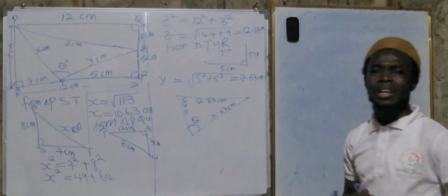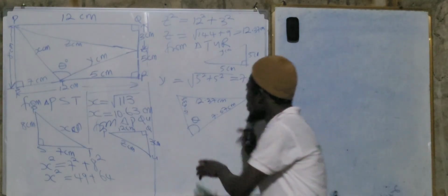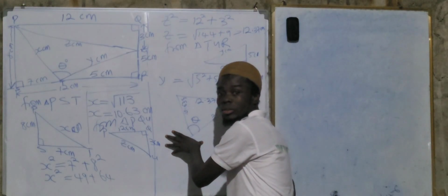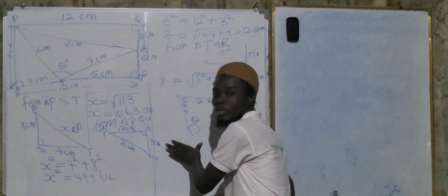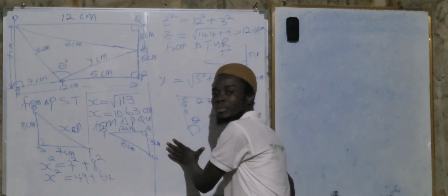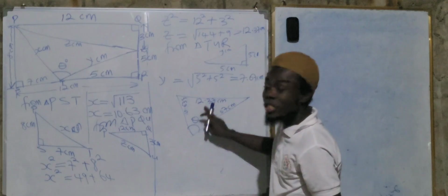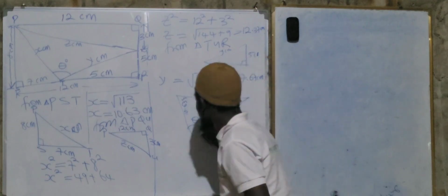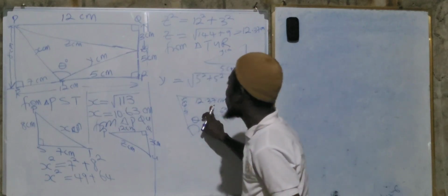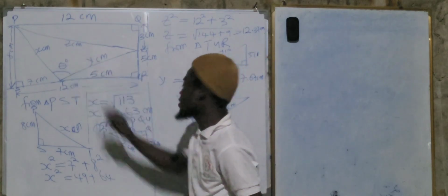Now, for this case here, you know what we have to do? We must use the cosine rule. And what is the cosine rule here? The square of the side facing the angle, so take the opposite of the angle here. Let's use z.